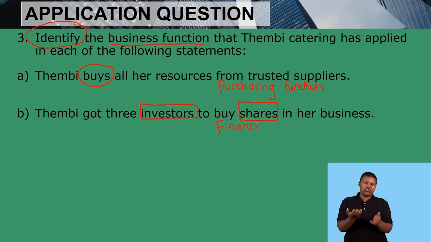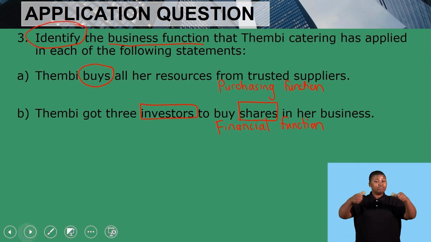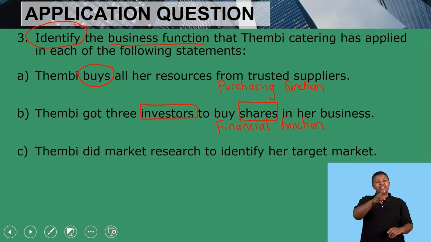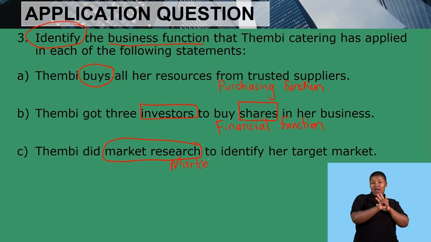So obviously, when it refers to money, it refers to finances or the financial function. Okay, then let's look at C. Tembe did market research. There is our clue, market research, to identify our target market. So we remember market research is done by the marketing function.